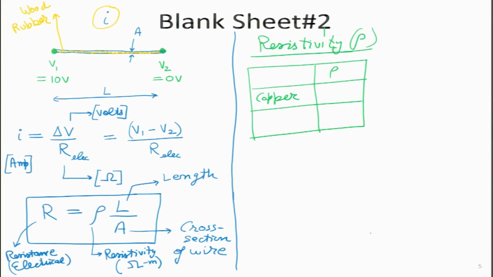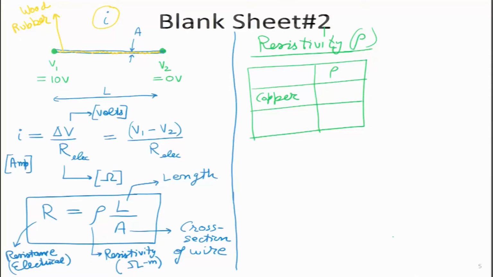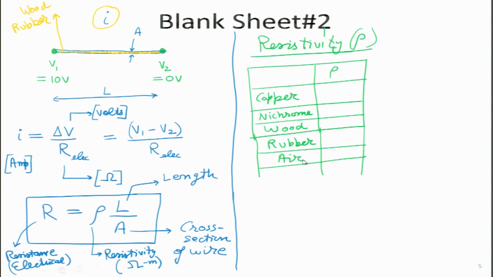So, we can even guess, because we know copper is a very good conductor, which means its resistance is going to be very, very low, which means for a given material its resistivity value is going to be very, very less. So, I have over here a table in which I think 4 or 5 material properties are known. So, these I have noted down from a reference, and just for illustration purposes I am putting it over here.